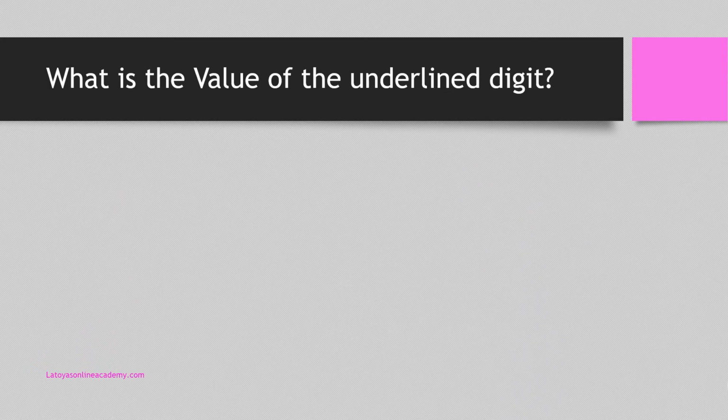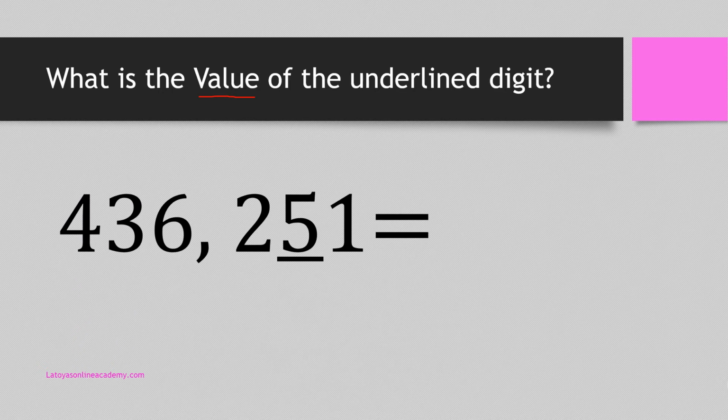What is the value of the underlined digit? What number is this? This number is 436,251. This question is not asking us for the place value, but rather the value of the underlying digit. The value of this underlying digit is 50. 5 tens. It's under the tens column.